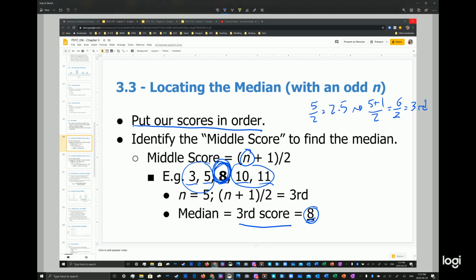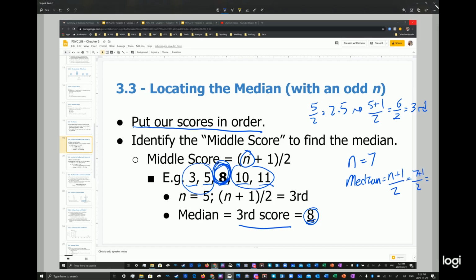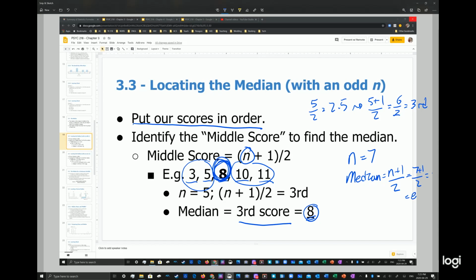For a test, we can try a simple one. If instead of 5 scores, n is no longer 5 but 7, what would be the median position? The median position is n plus 1 divided by 2, so that's 7 plus 1 divided by 2, that's 8 divided by 2, and that's 4.